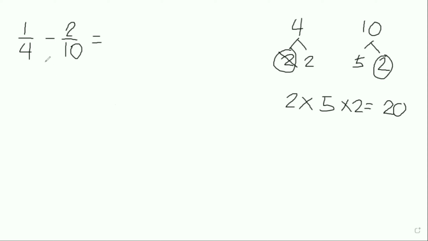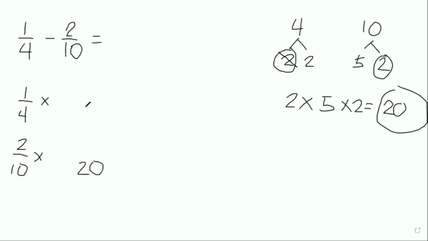Okay, so the LCD of 1/4 and 2/10 is 20. So, kagaya ng ginawa natin kanina, i-rewrite natin yung ating given dito. And then, itatapat natin sa denominator yung LCD.